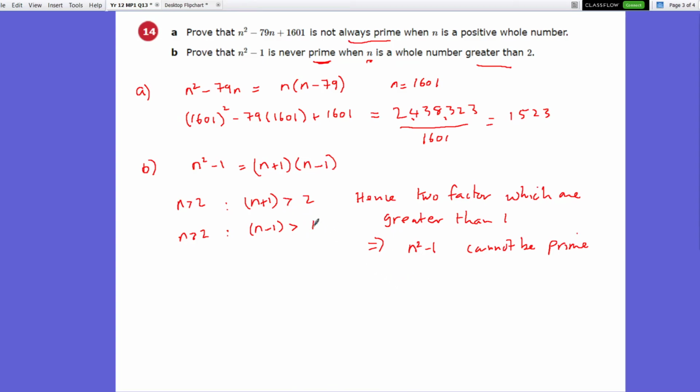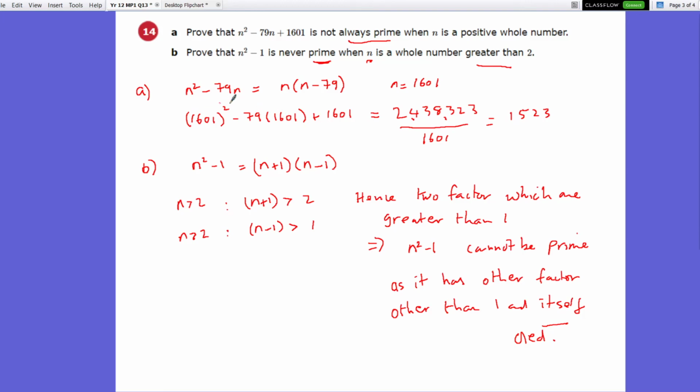It has two more factors here other than itself and 1. So it cannot be prime as it has other factors other than 1 and itself. QED.